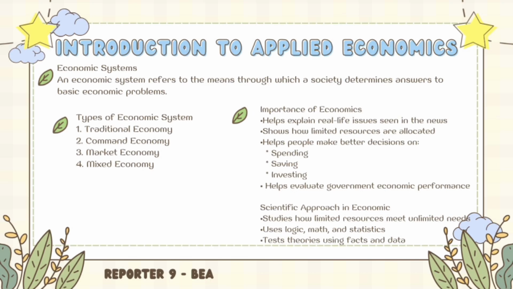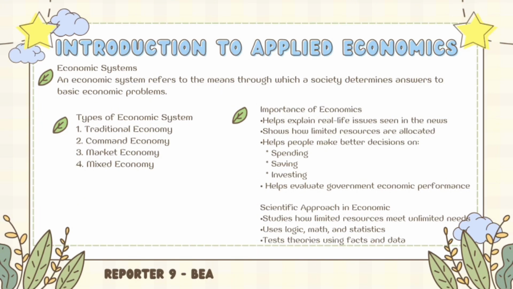Prices and wages are set by the government, not by supply and demand. People have little or no choice about what goods are available or what jobs they do. This system is most common in a socialist or authoritarian state.